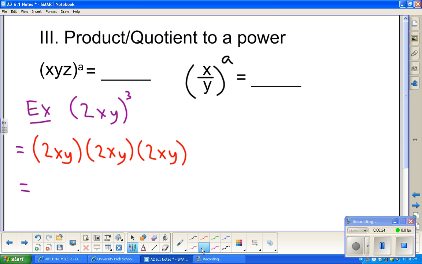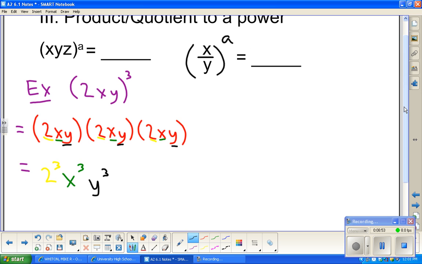Didn't we have 2 to the third power, which we know is 8, but just to show the step, and then x to the third power, and then finally y to the third power. Of course, we would simplify if we know the value. If it's a number, 2 to the third is going to be 8.